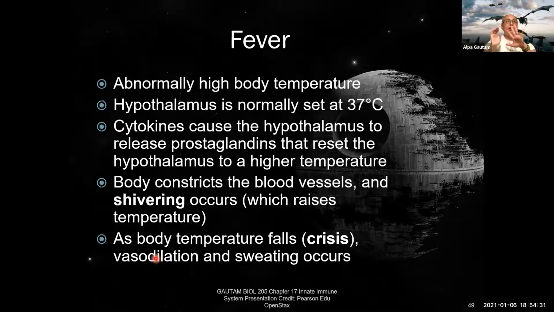So once the infection has subsided or is under control, this is when the body temperature starts falling. This is called crisis mode. This is when now you have vasodilation. So once you have vasodilation, you can have sweating, and the body is going to then bring it down. You know, when you say the fever broke, that's the part where now the body temperature is coming back to normal.